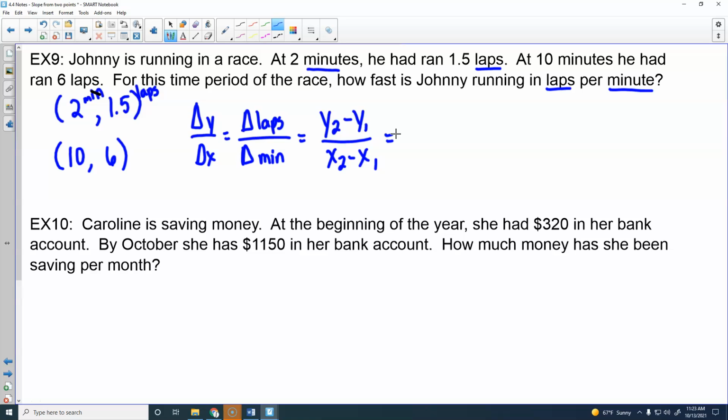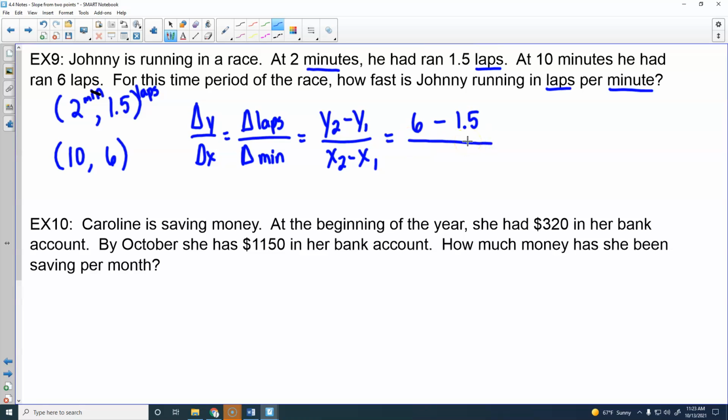What are our y2 and our y1? Okay, we could use 6 for that y2. And then what would our y1 be? It's not 10, because 10 is an x-coordinate. It would have to be 1.5. So you're subtracting your two y coordinates is what's happening there.